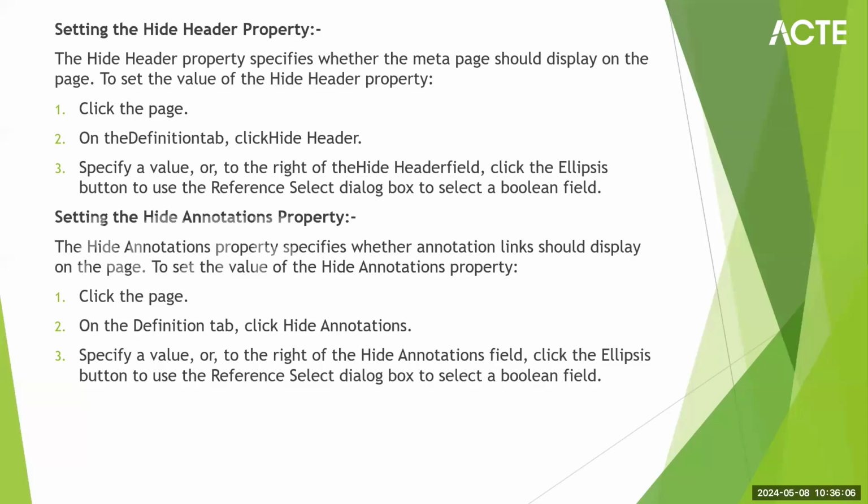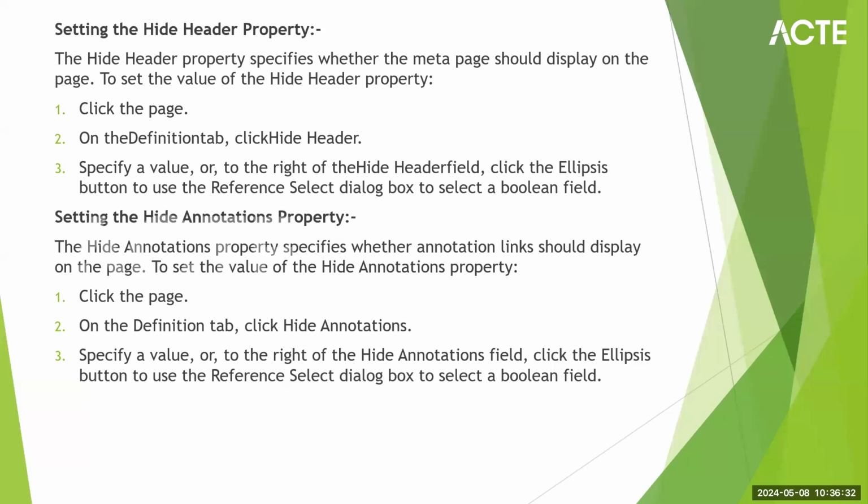How do you set the condition? The hide header property specifies whether the meta page should be displayed on the page. To set the value, click on the page, on the definition tab, click hide header. Specify a value if you have any particular condition or value, or else you can map the respective field which already exists in the manuscript for this condition.